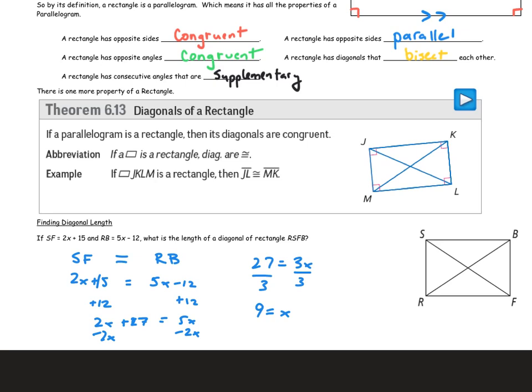But I'm not finished. I didn't ask you to find the value of x. I needed to know the length of one of these diagonals. So SF is equal to 2 times 9 plus 15. I get 18 plus 15, that's 33. So the length of a diagonal is 33 units.